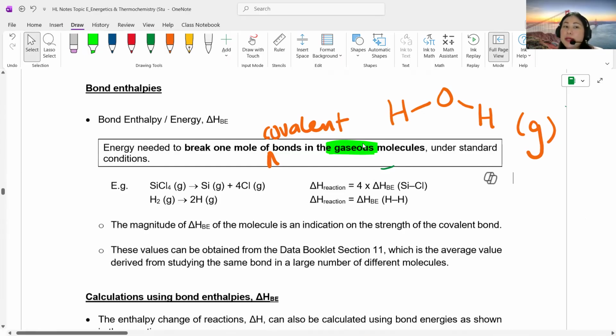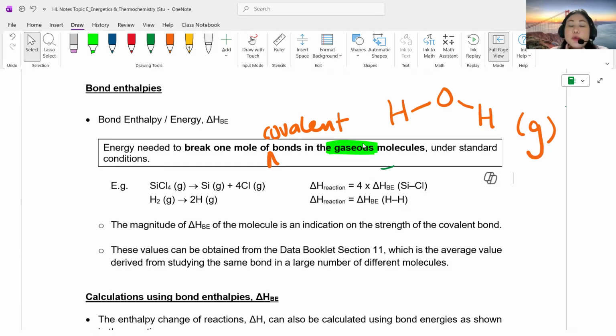So you'll find that bond energy calculation is usually for a reaction that only involves gases. I repeat that. The bond energy calculation method is only used for reactions that involve gases. If some are liquid and some are gases, and you are asked to use bond energy to calculate, then of course the result will be off.